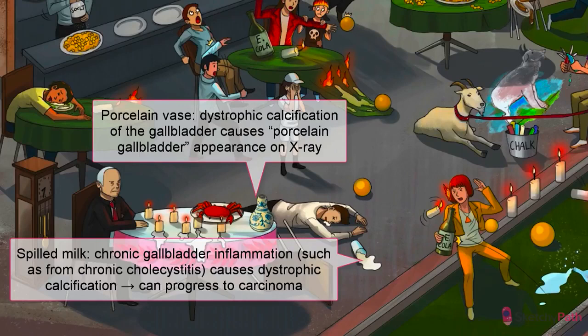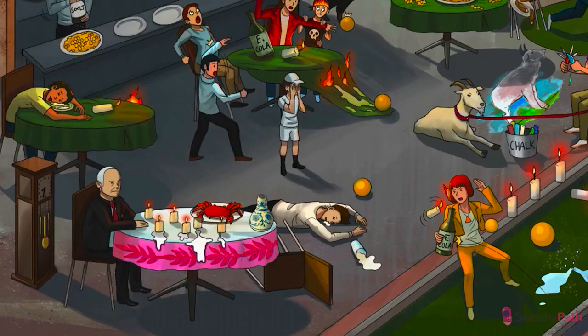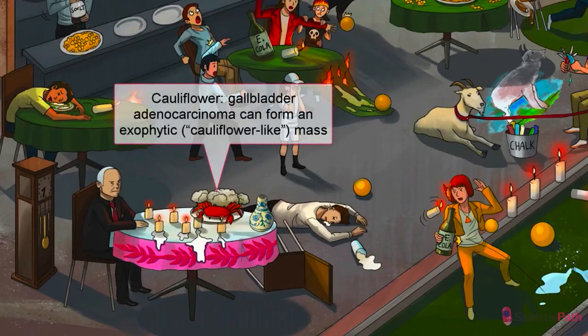Dystrophic calcification of the gallbladder causes a unique finding on imaging: porcelain gallbladder. It's called this because calcification of the gallbladder wall causes it to light up on X-ray. This sign of dystrophic calcification mandates removal of the gallbladder to avoid progression to adenocarcinoma. Morphologically, adenocarcinoma can infiltrate into the gallbladder wall or grow like a cauliflower-like or exophytic mass into the lumen of the gallbladder.